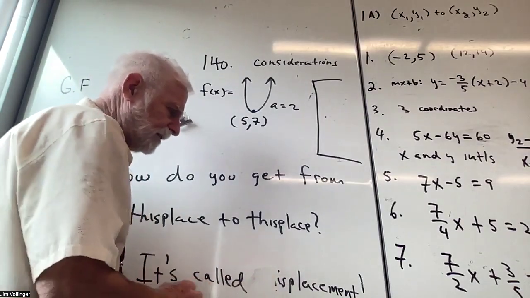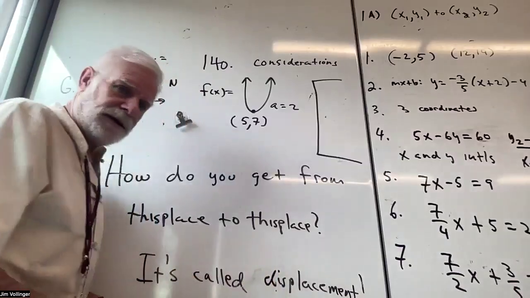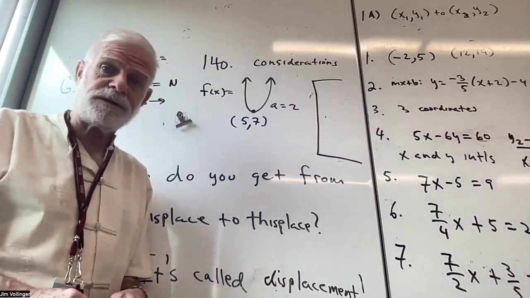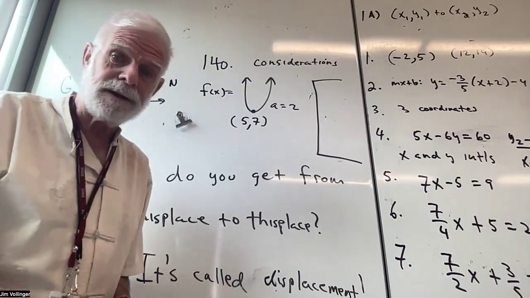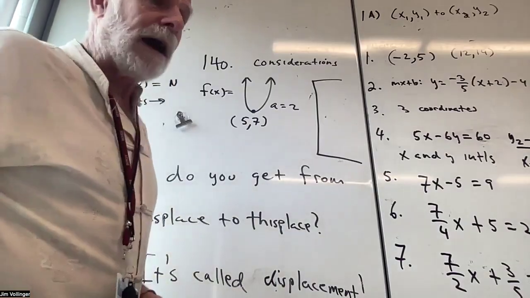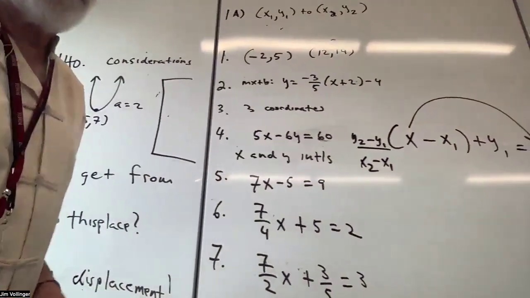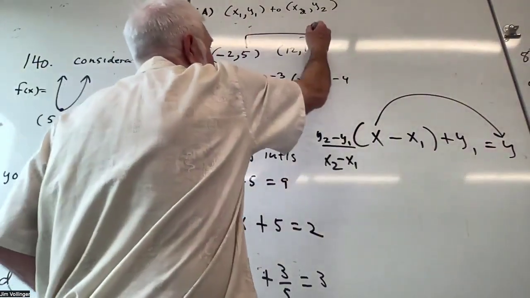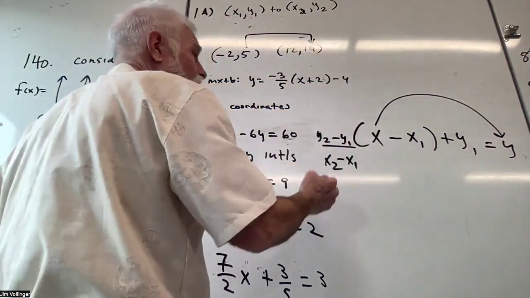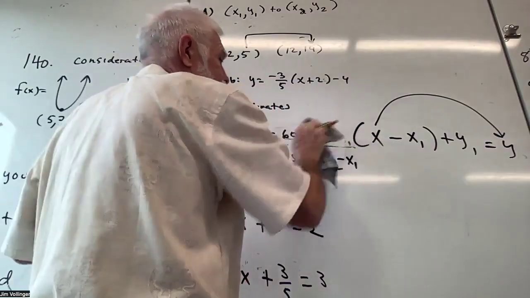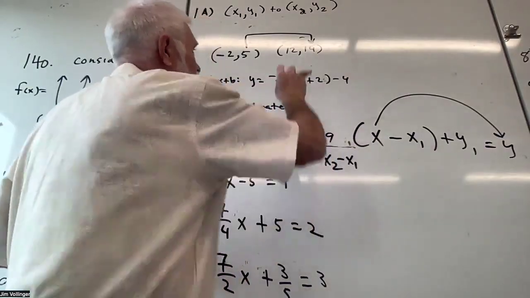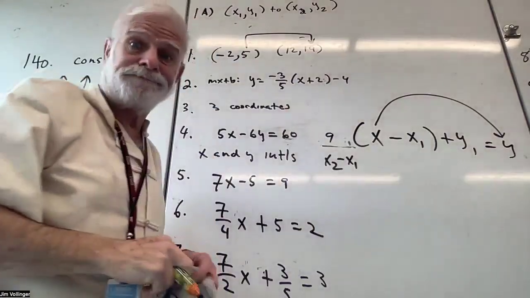They erased the TH and they put D. And so how do you get from this place to this place? That's called displacement. And what I said was, how do you get from 5 to 14? That's how I got 9. I didn't say 14 minus 5.